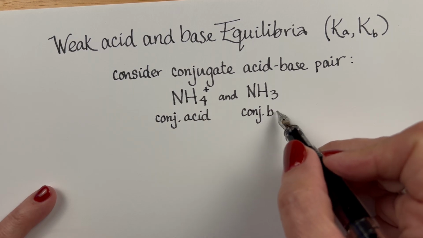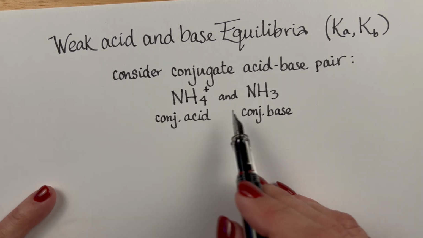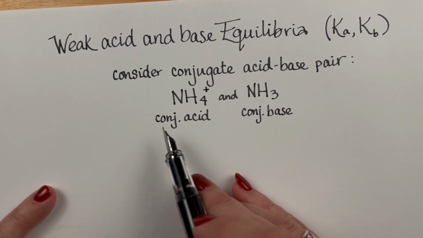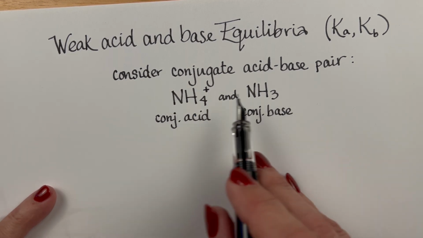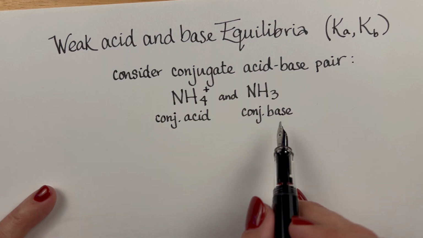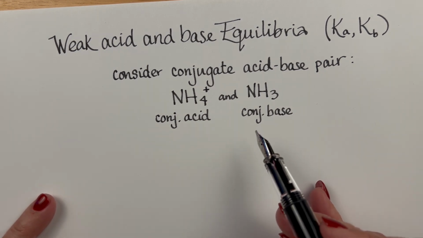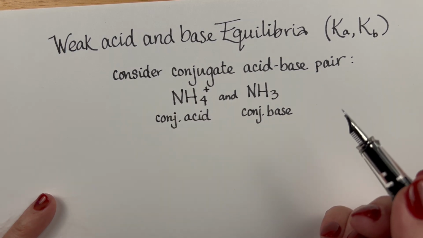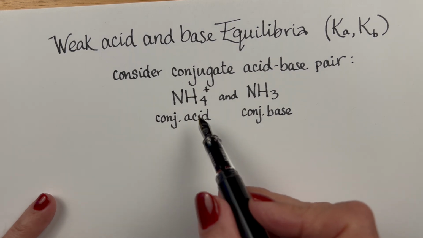I do have at least one video where I review Bronsted-Lowry acids and bases, and I go through this whole concept. So if you wanted to watch that video first, you could do that. But what we are going to consider is, what if you have NH4 in solution, and how would it act as an acid?